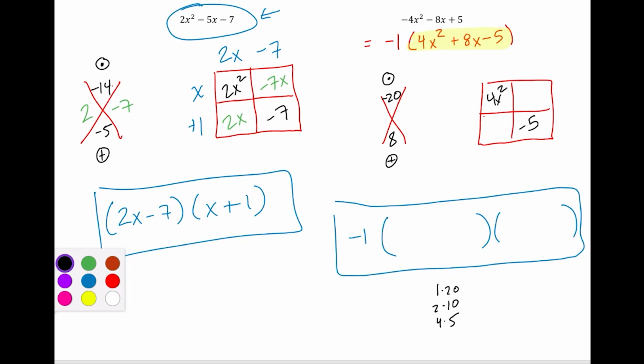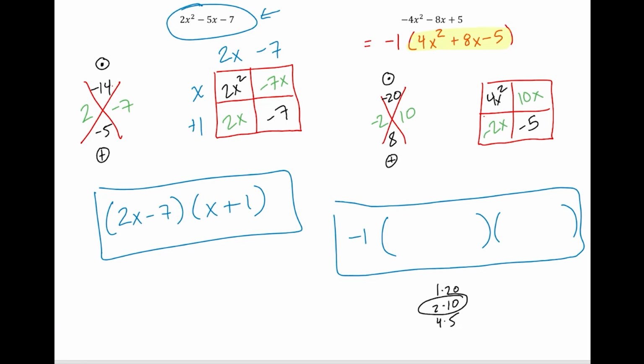And if the product is negative, that means one of the numbers has to be negative. So in order to make this add up to 8, with one of the numbers being negative, the only combination that's going to work here is 2 and 10, with the 2 being the negative one. So my two numbers here are going to be -2 and 10. So I'll have -2x and 10x.